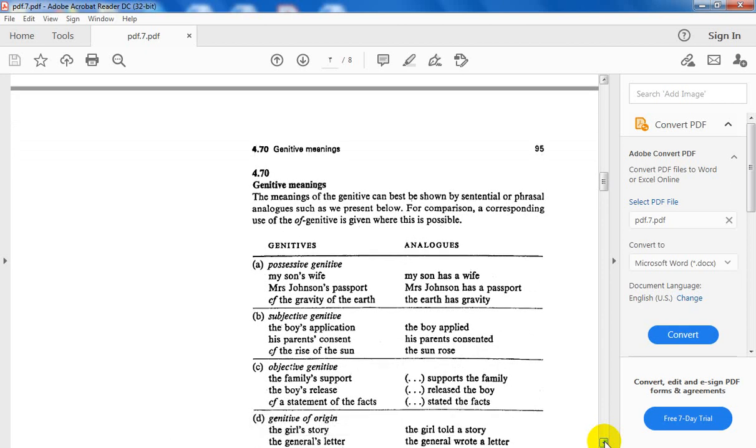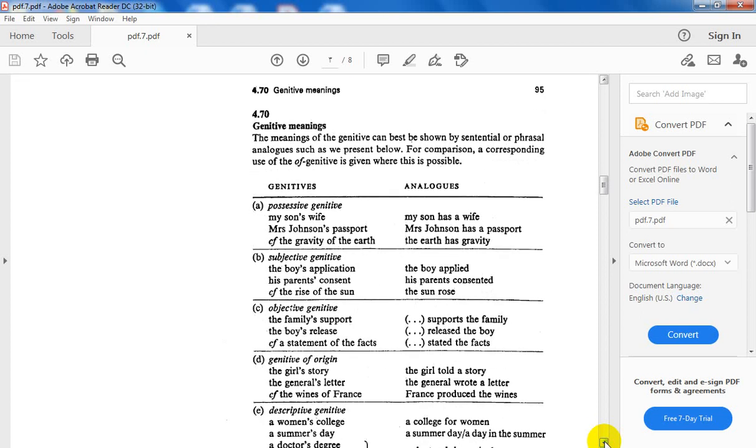By the way, when you say genitive, you say apostrophe s. It is not necessarily possessive. No, it doesn't mean only possessive. As we are going to see, I have 7 meanings for genitive.